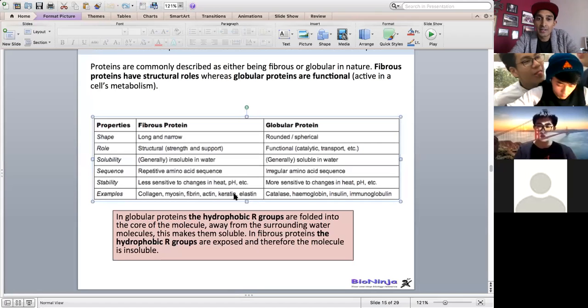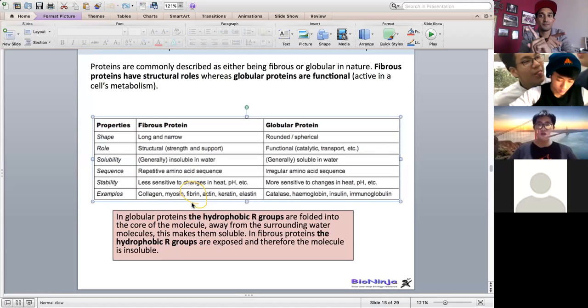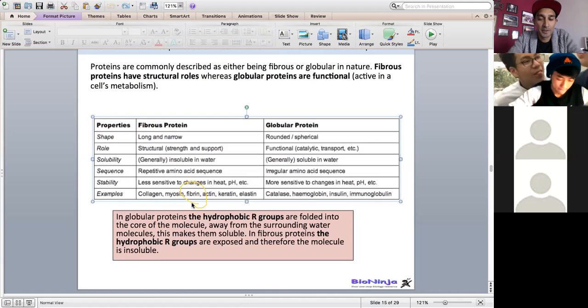Things like keratin, which you find in hair and nails, and fibrin, which we know from last year. Where do we find fibrin? It's in blood plasma, in blood clotting.